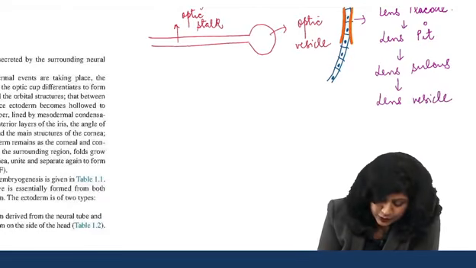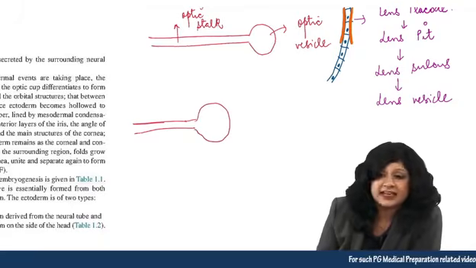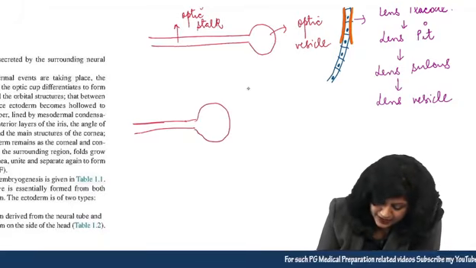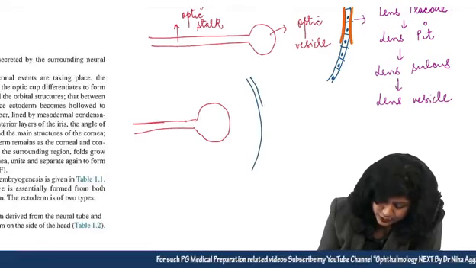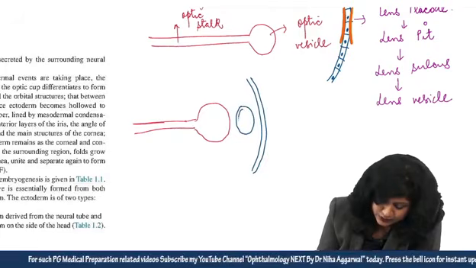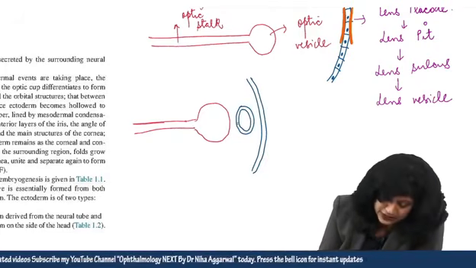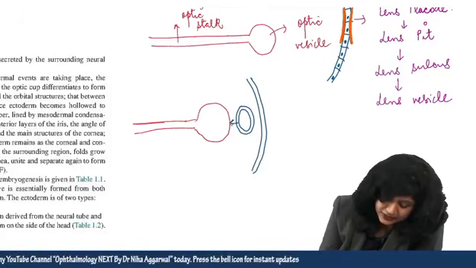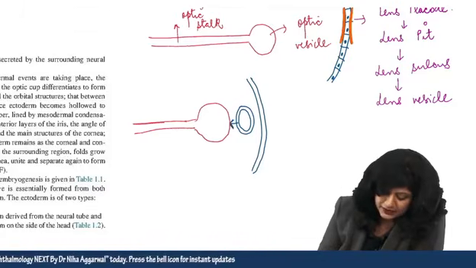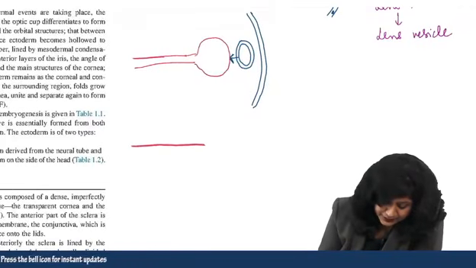So if you look here, this was your optic stalk and this was your optic vesicle, and now we are having something like this. This was your surface ectoderm, from which the lens vesicle has come out. So this is your lens vesicle. Now this lens vesicle is causing the changes in this optic vesicle, due to which we start having the depression here.